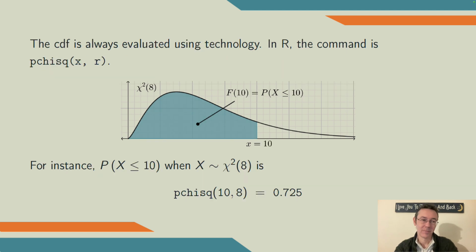The CDF is always evaluated using technology. I use R, where the command is pchisq, and we have to pass it the value of interest and then the number of degrees of freedom. So for instance, to find the probability that x is less than or equal to 10 in chi-squared of 8, we do pchisq of 10, comma 8. We get about 0.725. And I've drawn an illustration of that probability here.